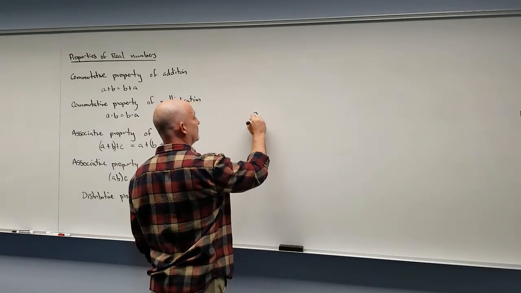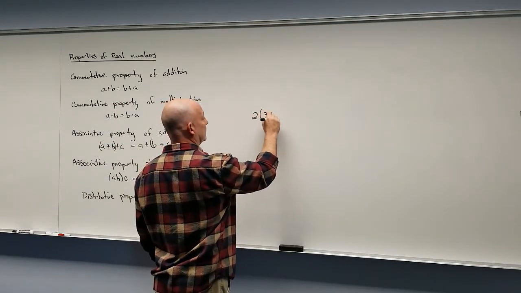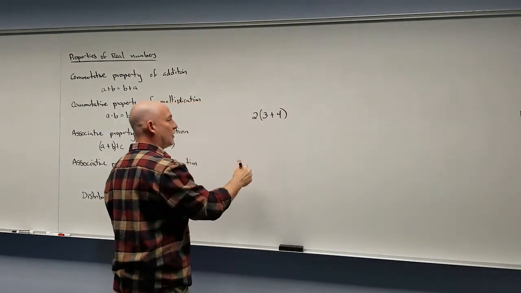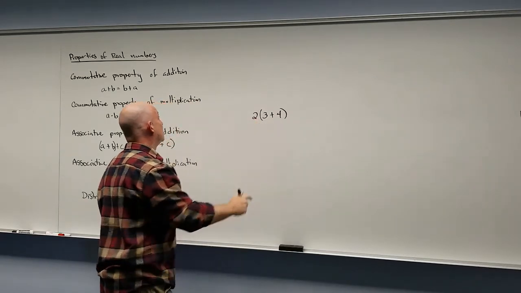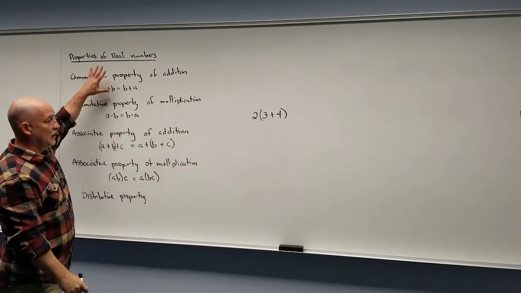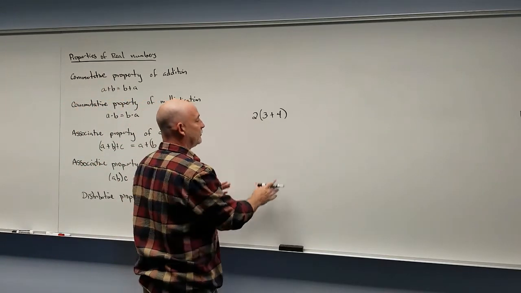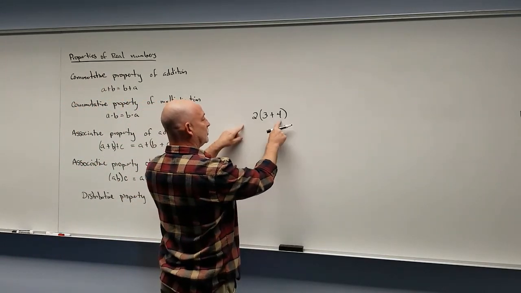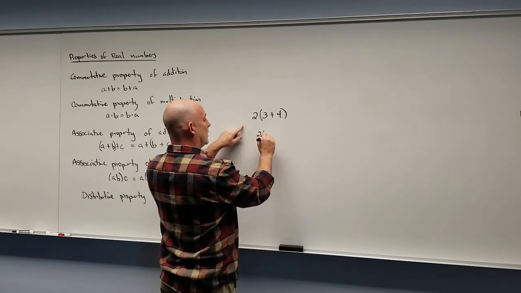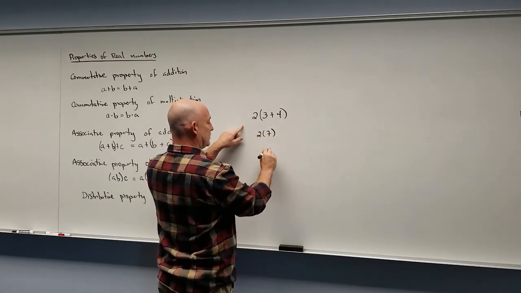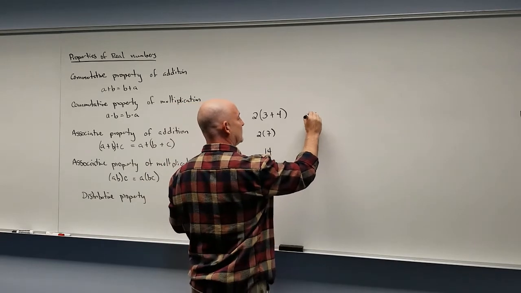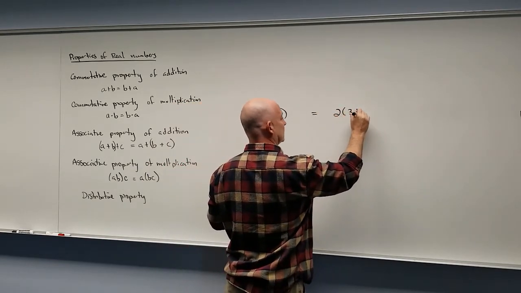What this says, let's do 2 times (3 plus 4). Now notice this one's different because we're combining multiplication and addition. These up here were either multiplication or addition. What this says is if you were to follow your order of operations, you would do the 3 plus the 4, and you would get 7. 2 7s is 14. The distributive property says you also have this option.